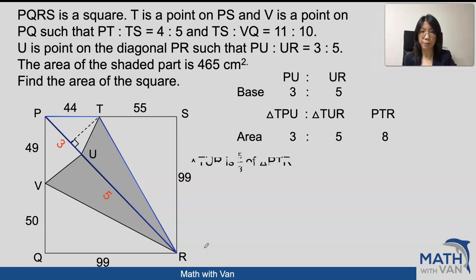So how do I do this? I'll be progressively moving out. So we know that TUR is, as we said just now, 5 out of 8 of PTR. And then PTR is actually 44 out of 99 of triangle PSR.